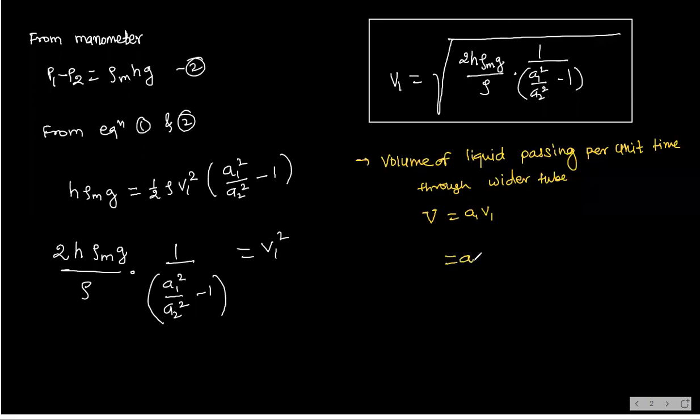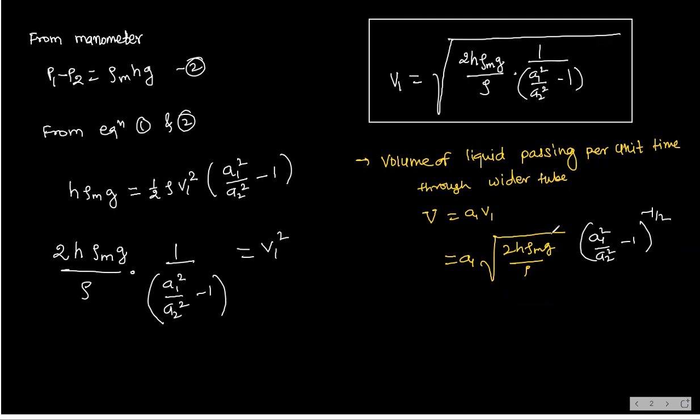So this is nothing but A1 under root of 2h rho m g divided by rho, and this part I can take outside the square root and write as A1 square by A2 square minus 1 whole power minus 1 by 2.